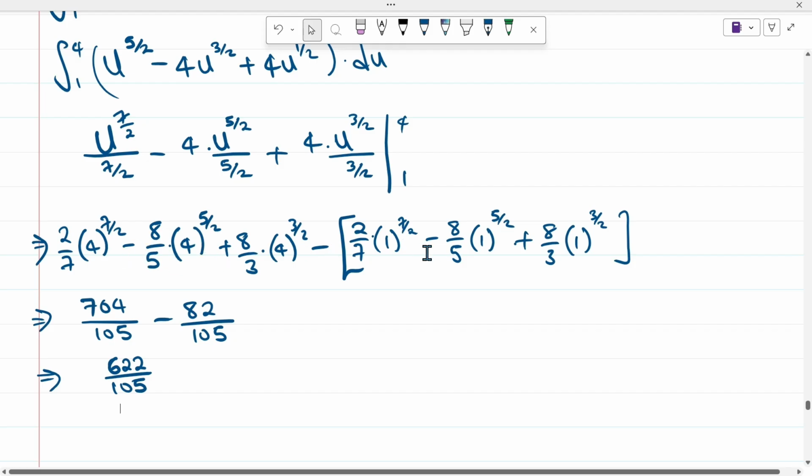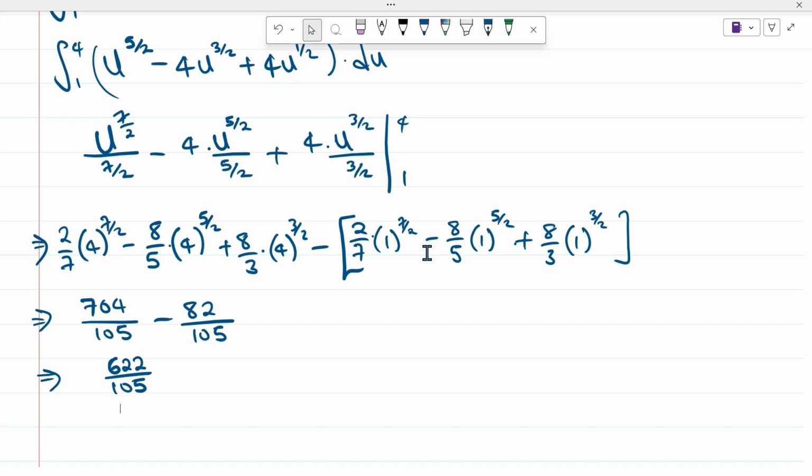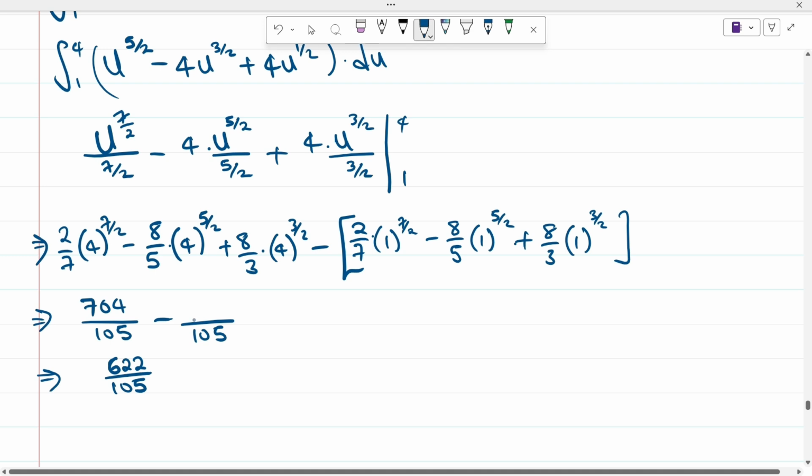I'm very sorry for that. 2 over 7 minus 8 over 5, plus 8 over 5 plus 8 over 3. A minus, why am I saying this plus? Oh, you're also minus. Oh, so this is minus 142. I'm sorry, this was supposed to be minus 142.